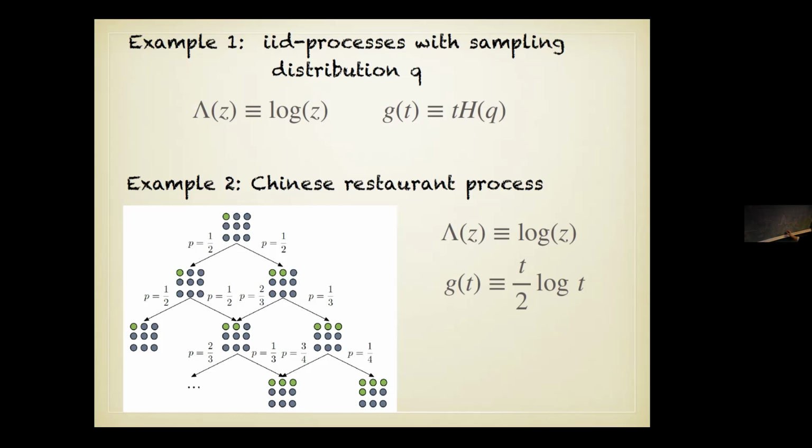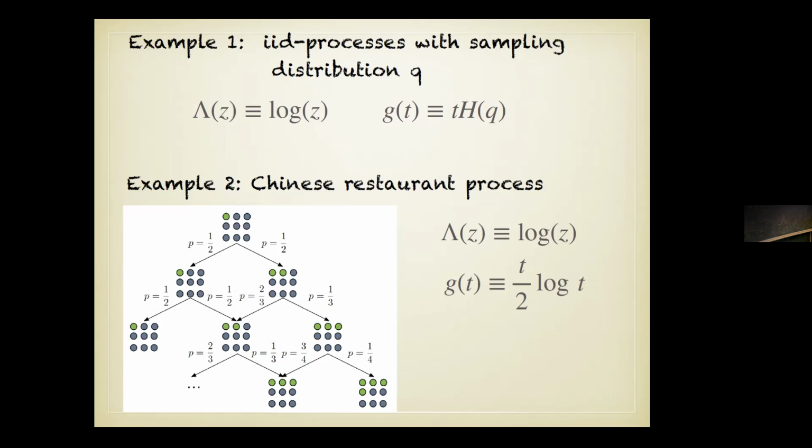Then omega t would grow like 2 to the power t, the sequence length. So that is the standard case: exponential phase-space growth with the length of the time extent of the system.